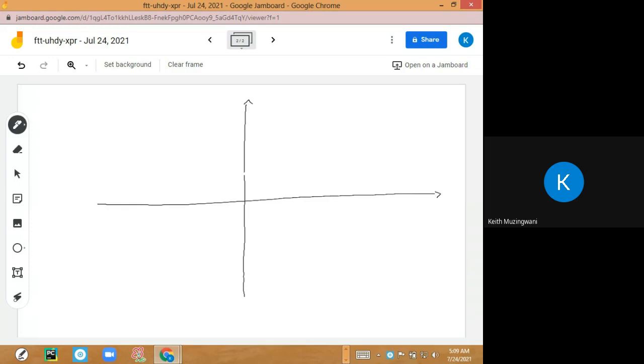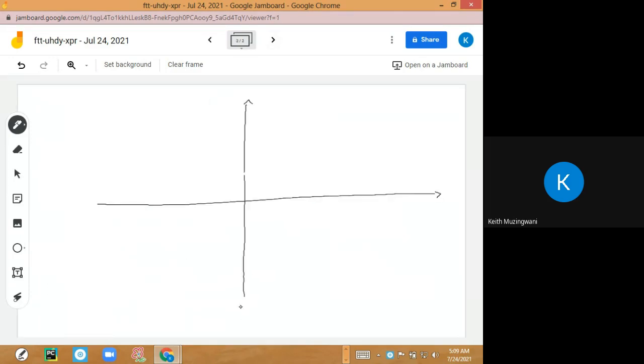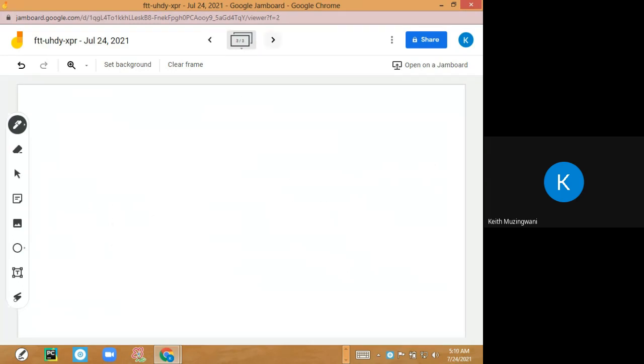With intercepts 2. So we have 2. And then we have negative 3 plus root 5 over 2. Look, root 5 is less than 3. So when you say negative 3 plus root 5, it will be a negative number, so we'll have to bring it here.